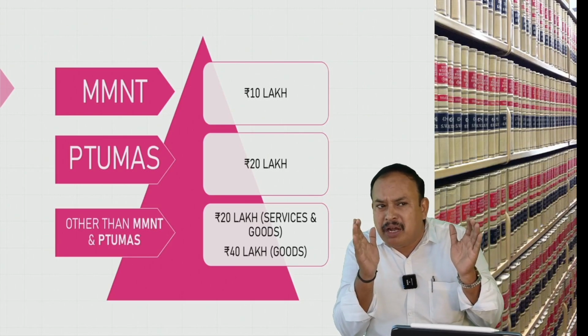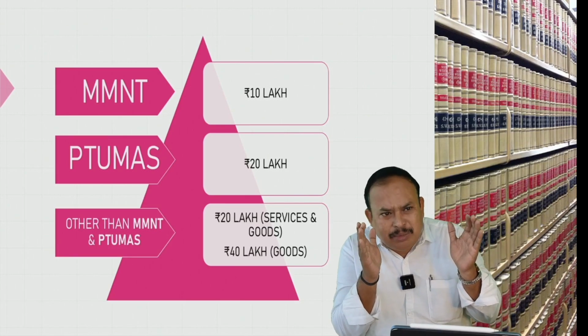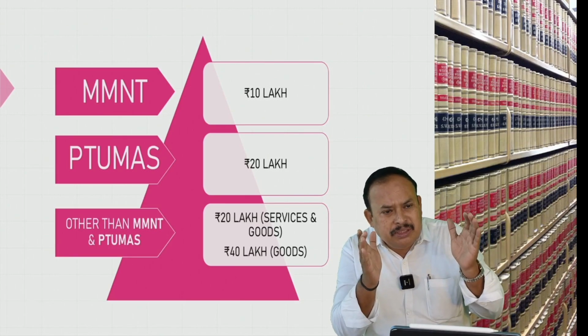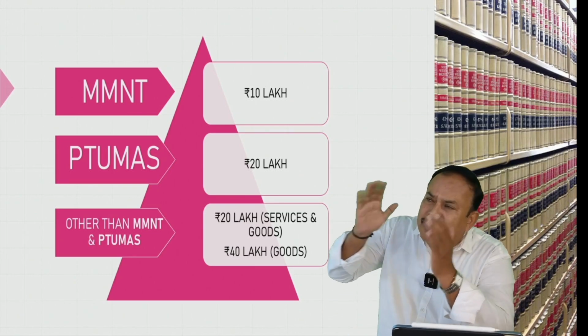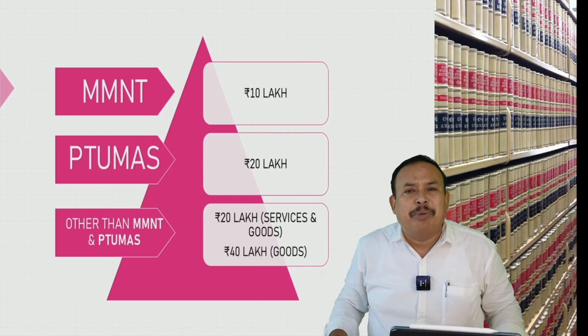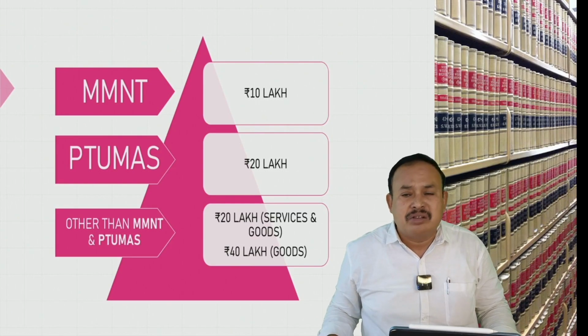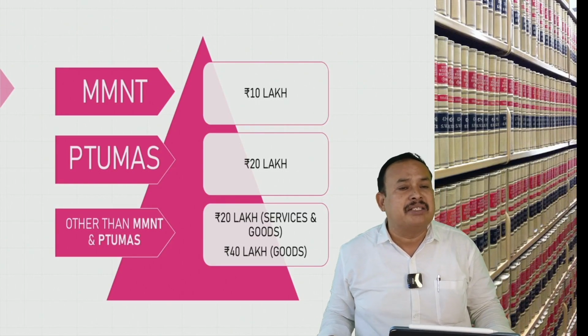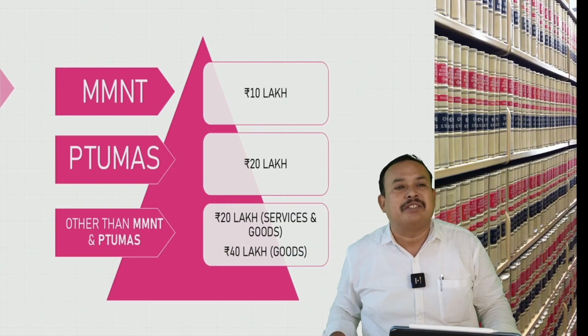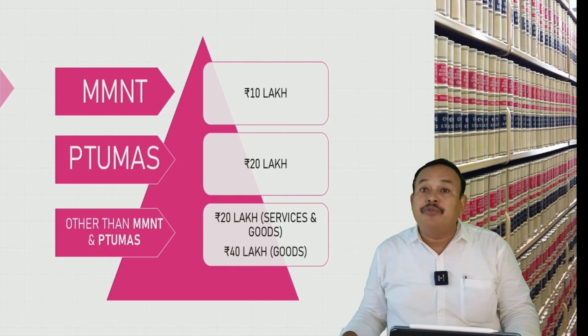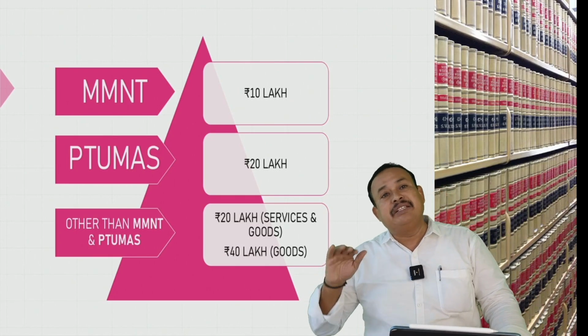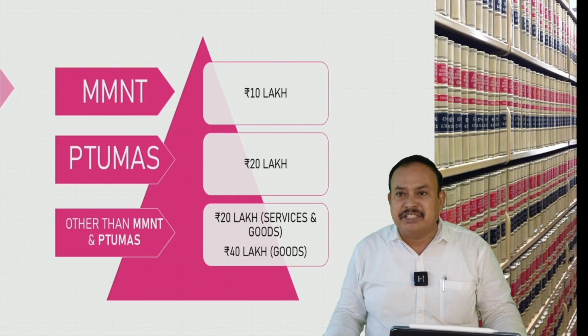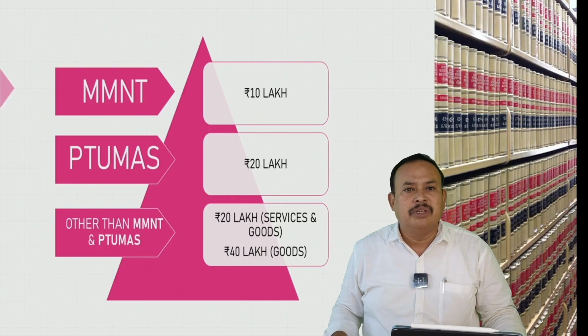Are you a supplier of only taxable goods, exclusively goods, or a supplier of exclusively services? Sir, I am a practicing chartered accountant, cost accountant, company secretary, a purest form of service provider. Okay. For you, in the rest of the states also, the turnover limit for registration is 20 lakhs only.